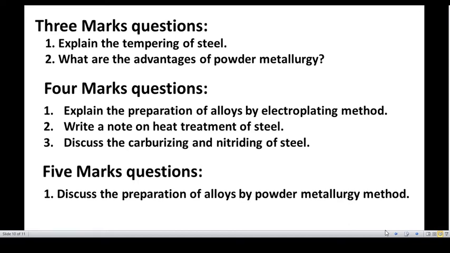So the experimental setup consists of a cell having an electrolyte containing the metal to be deposited, and a cathode. The cathode is of the required shape, in the form of a mold, and an anode.